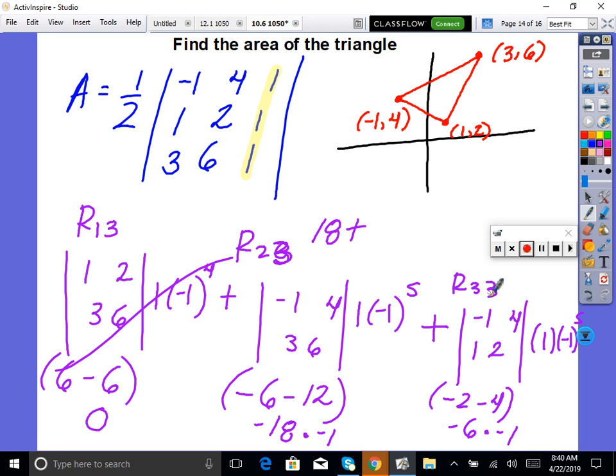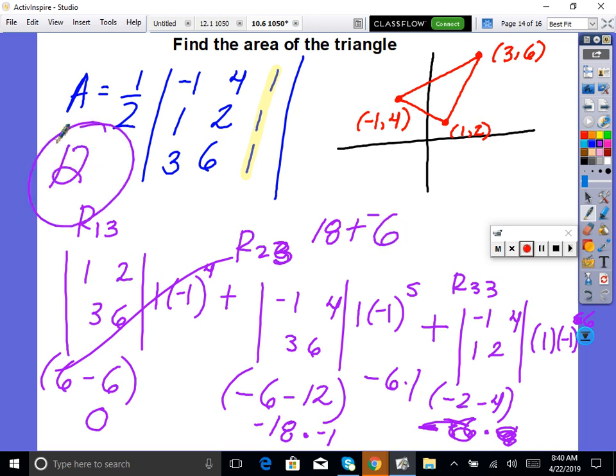Oh, I see, because it was -6 times +1. There we go. -6 times 1. Plus -6, so we get 12. The area of that triangle was 12.